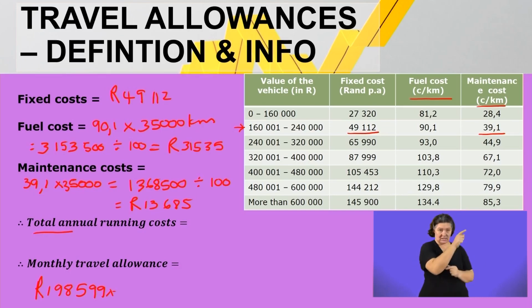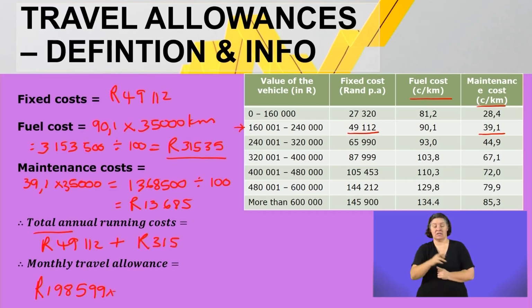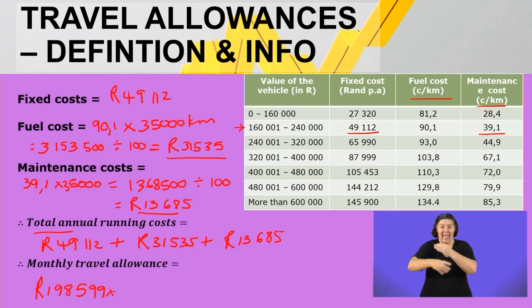So what is the total annual running cost? We take our fixed cost of 49,112 Rand, plus our fuel cost, 31,535 Rand, plus our maintenance cost of 13,685 Rand. So let's add all of these amounts together.